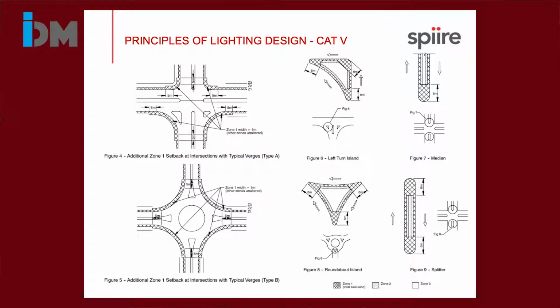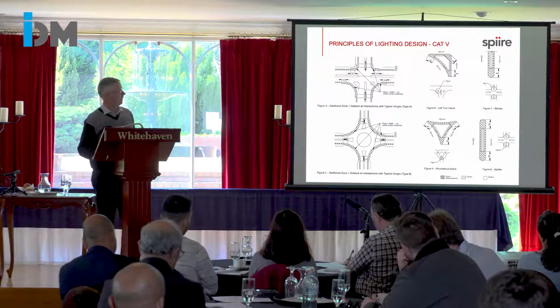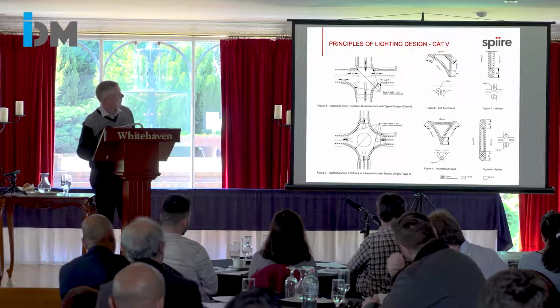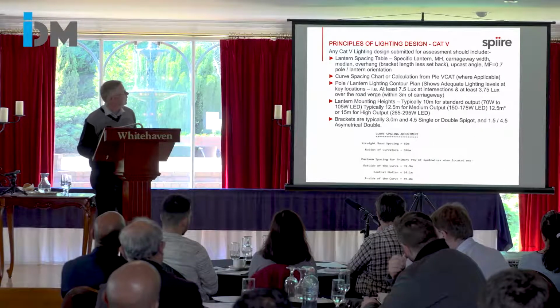Similar thing on those turn type triangular shaped islands. You don't normally have lighting in there, but you may, if it's at an intersection where there's poles and wires, you may well end up with a rigid pole or a traffic signal pole sitting in there. Yeah, I'll move on with that.